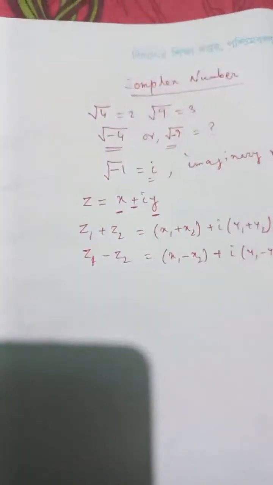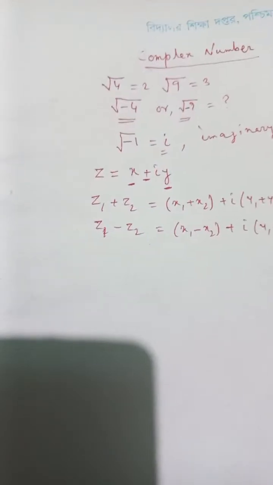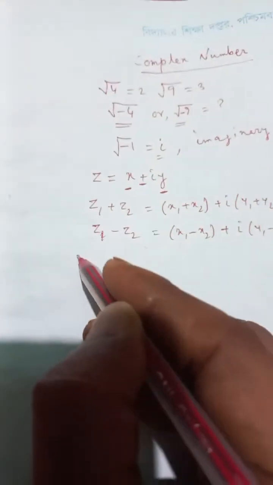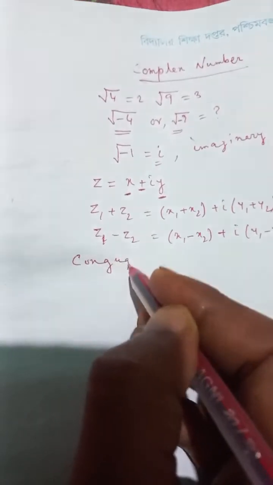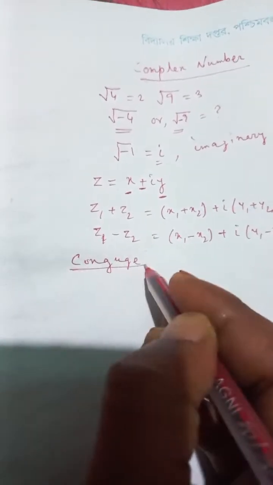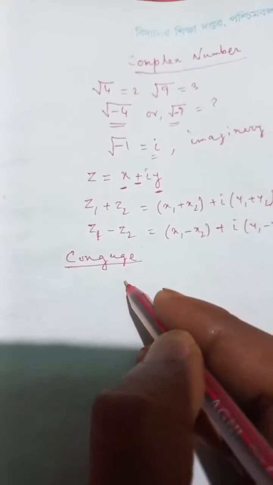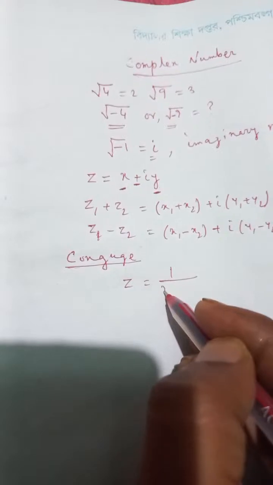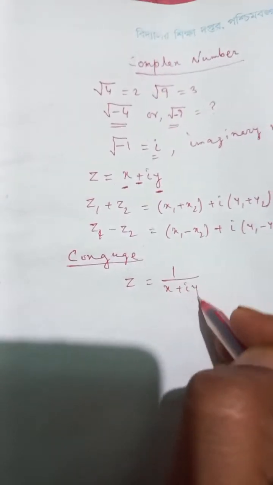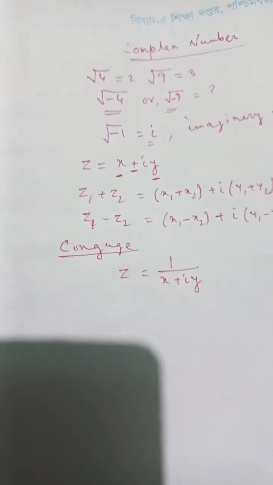What we have to study about a complex number is its conjugate. What is a conjugate? If z is x plus iota y, then what will be its conjugate?